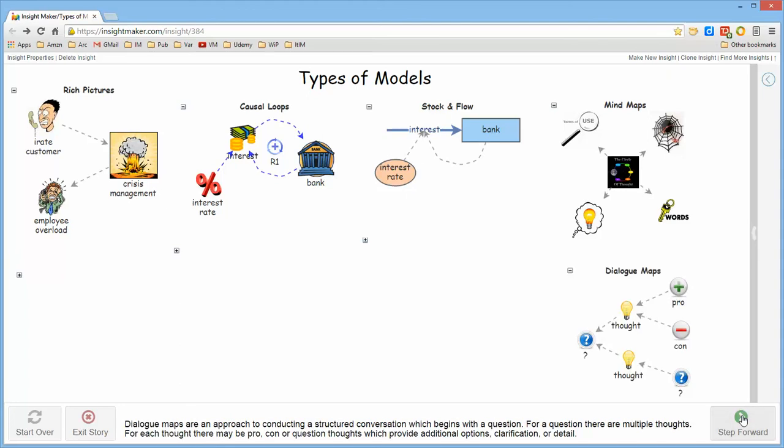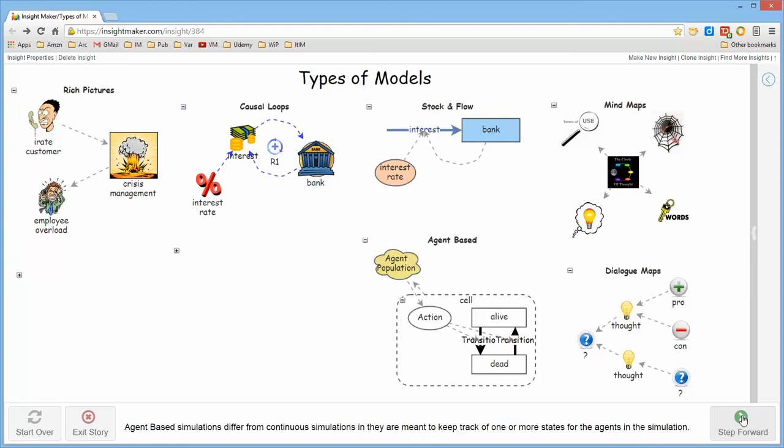Dialogue maps, which is a vehicle for doing a very structured communication so that one begins with a question and can elaborate ideas, pros and cons, and additional questions associated with that question, as opposed to ending up having a discussion that's all over the map.